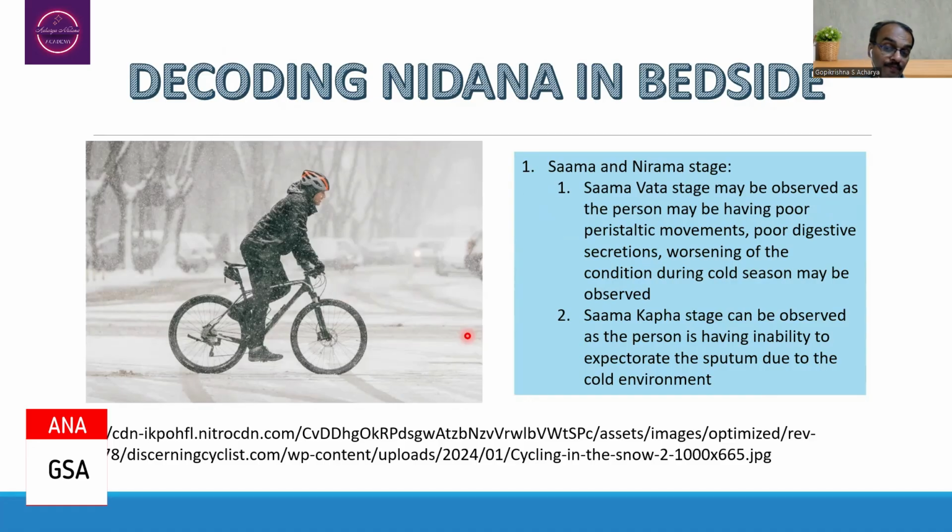Whereas Sama Kapha can be predicted because during this particular season, if the person is having sputum production, he will be having the inability to expectorate that sputum to the exterior due to the cold environment. In this way, we are going to decode the Nidana whenever a person comes to you with presenting complaints.